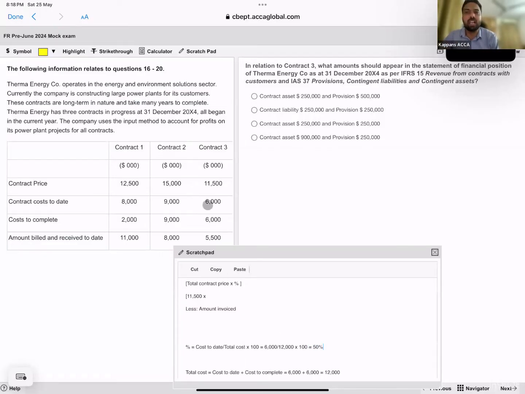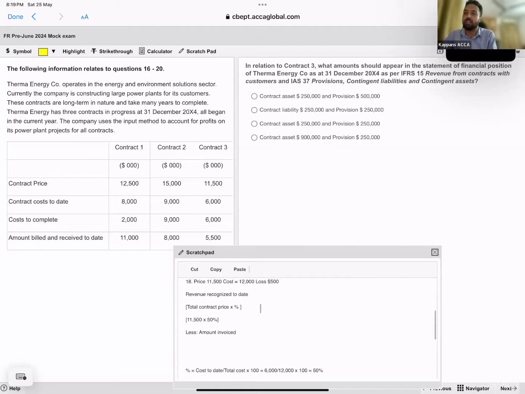And this is actually pretty simple as well. You don't have to calculate like this, because cost to date is 6,000 and it requires another 6,000 to complete. That means 50% is complete. You can directly get 11,500 into 50%. So revenue recognized to date is 11,500 into 50%, that is $5,750.